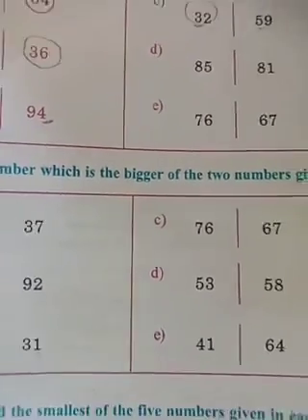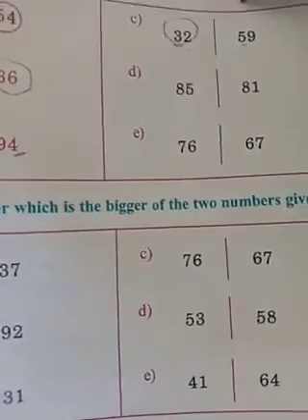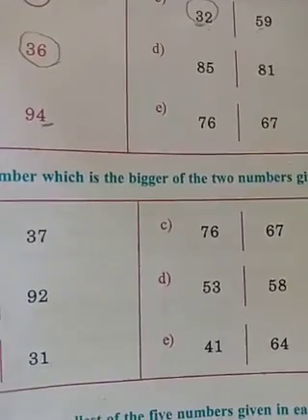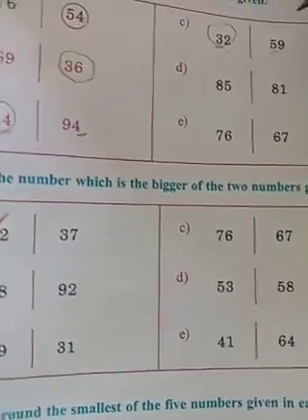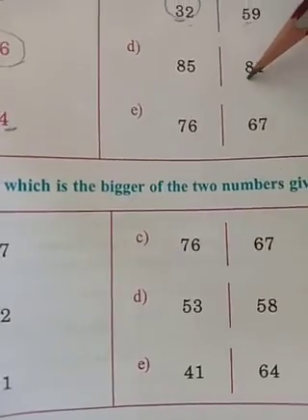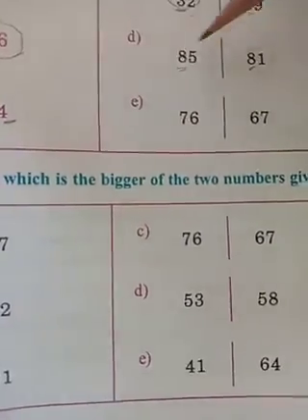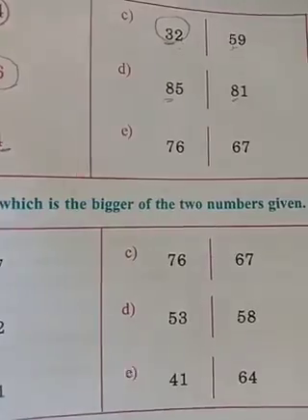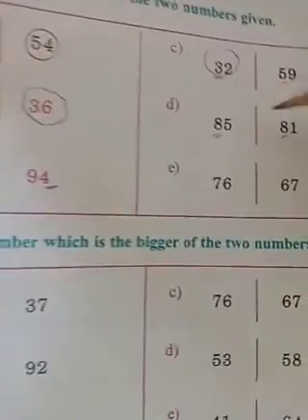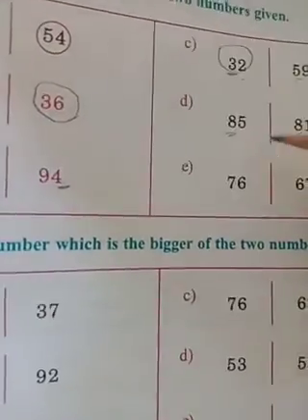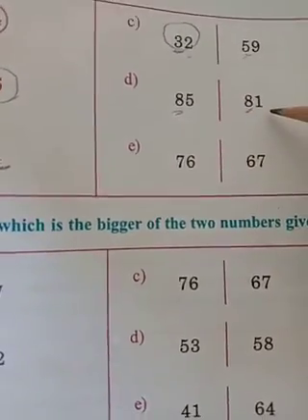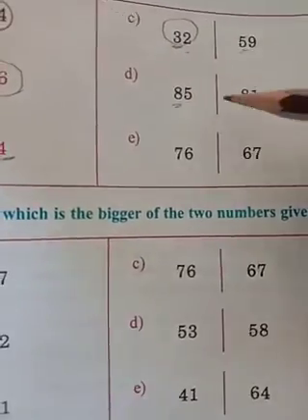Here 85, 81. So what am I saying before, problem 2? Which number in tens place is small? That number only is small, I am saying. So here check it, children. In tens place 8, 8. Same, equal only. So then what to do? So here 5 ones, here 1 ones. So which one is small in ones place?